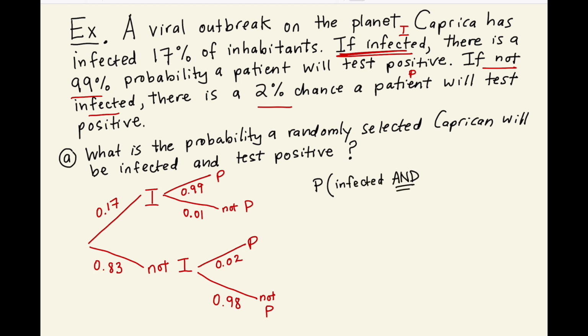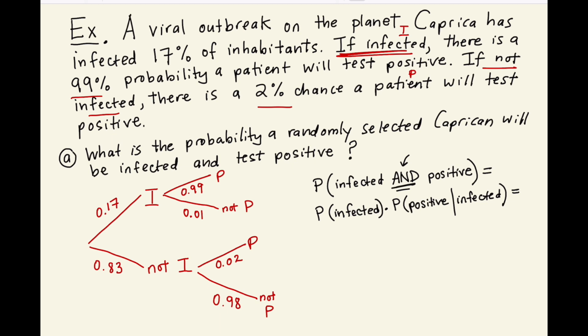Okay, so right here I'm thinking of the multiplication rule. Using the multiplication rule, I know that the general multiplication rule tells me that this is equal to the probability that the person is infected times the probability that the person tests positive, given that the individual is infected.